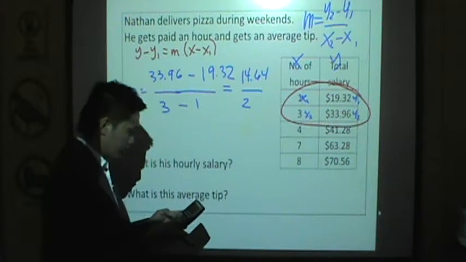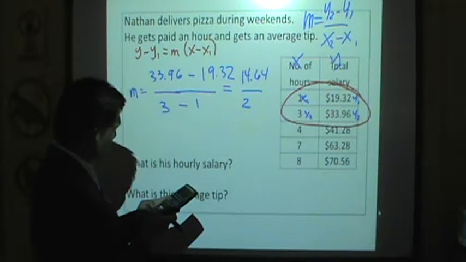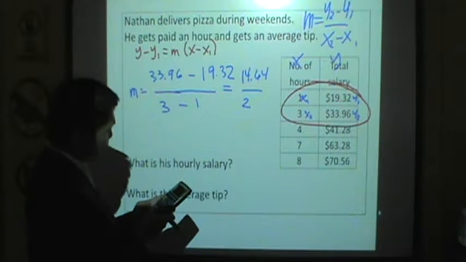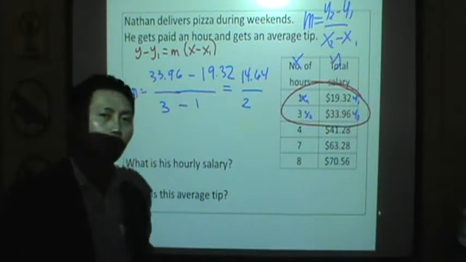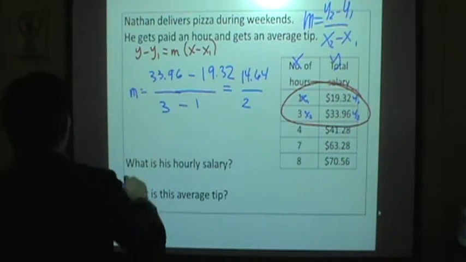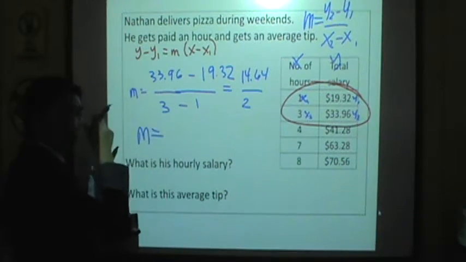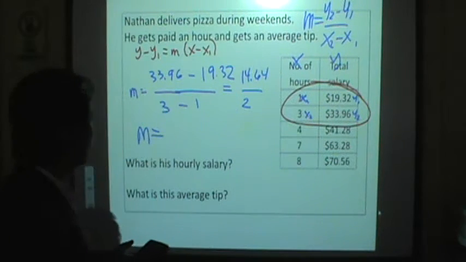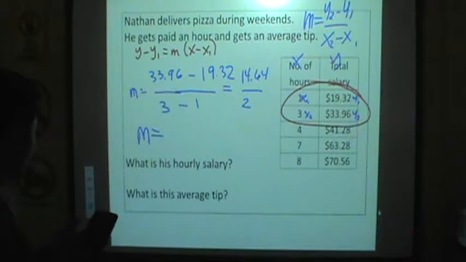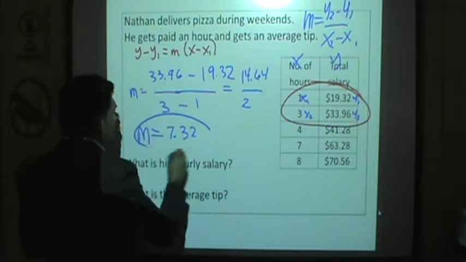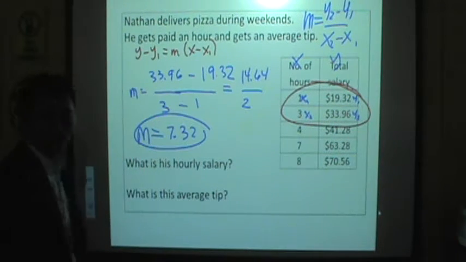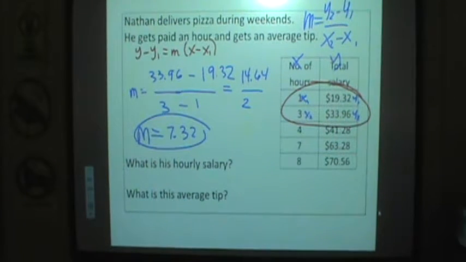Now, using your calculator, 14.64 divided by 2 equals 7.32. We could change the slope, but let's just use the decimal value. Now we can go ahead and start plugging in the numbers.